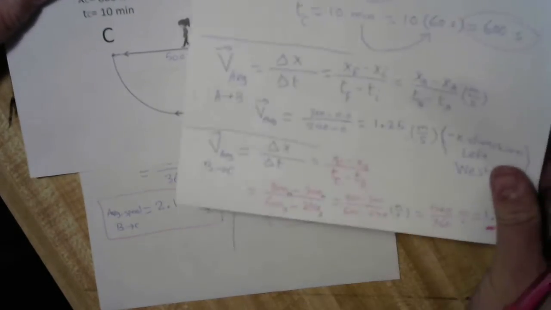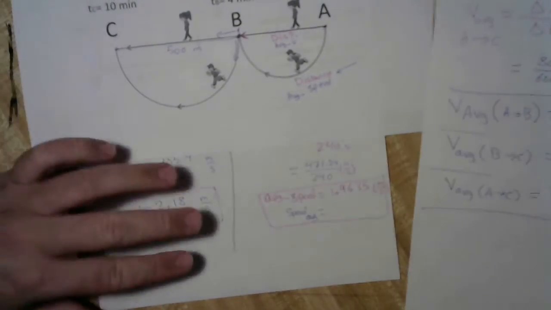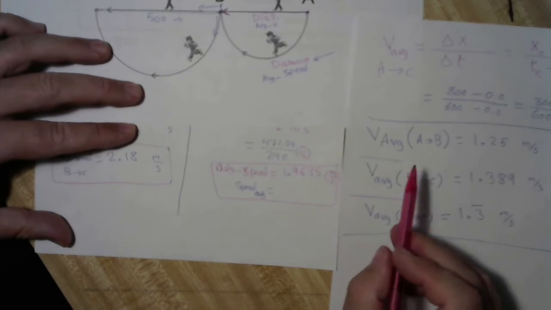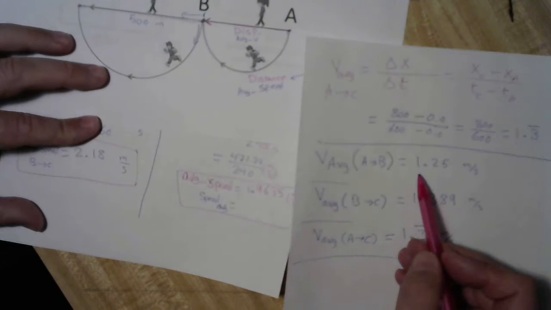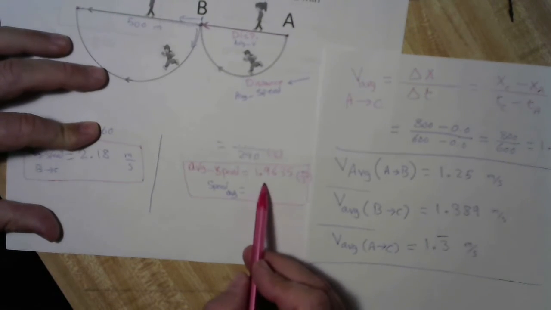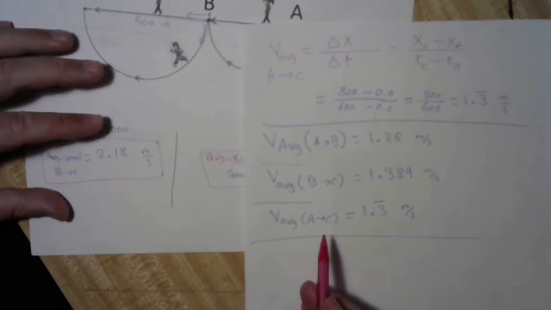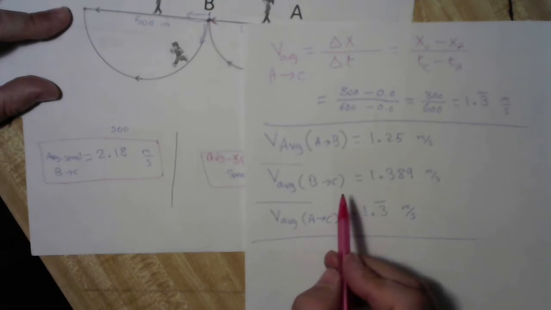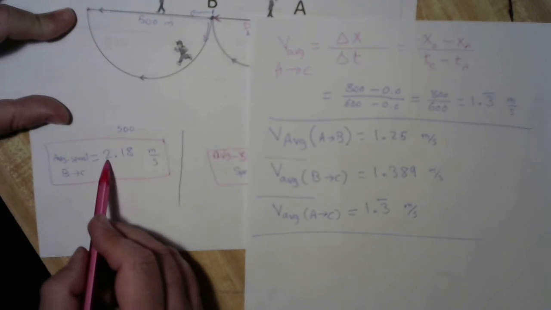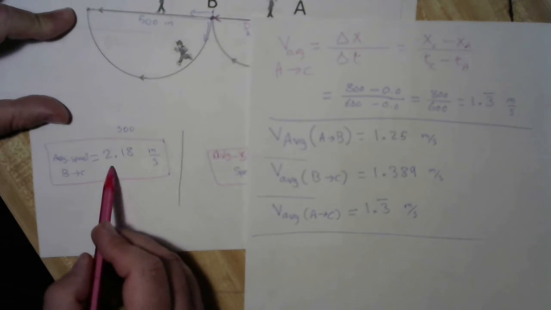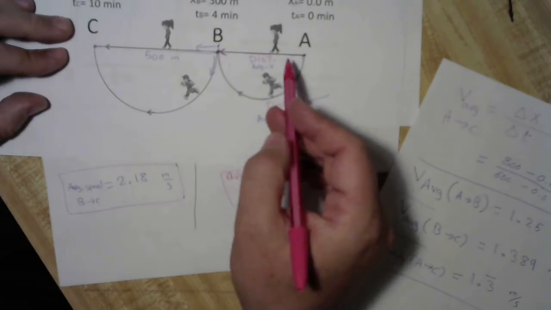Yes, that's right. Her velocity from A to B is 1.25, but his speed is faster here, 1.96. Also, her velocity from B to C is 1.38, and his speed is more than 2. He's faster. Now I'll compute his total speed from A to C.